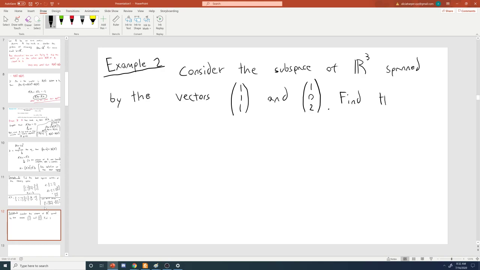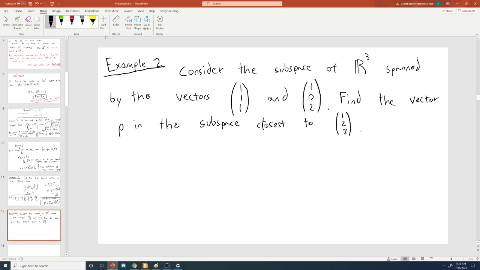Find the vector p in the subspace closest to 1, 2, 3.